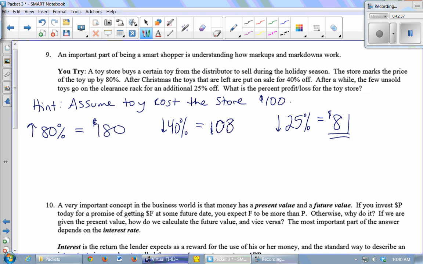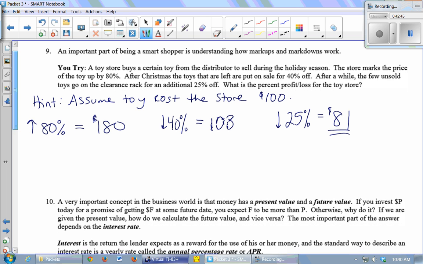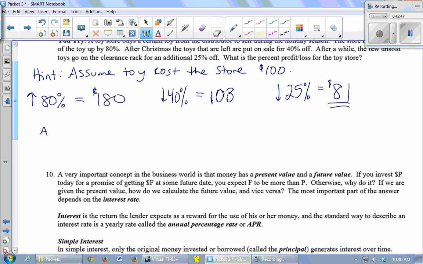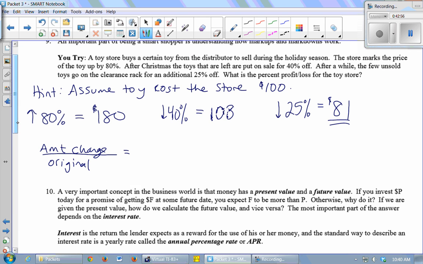The store is losing money, right? They bought this toy for $100 and now they're selling it for 81. I don't know. So amount of change compared to original amount. We dropped from $100 to $81.